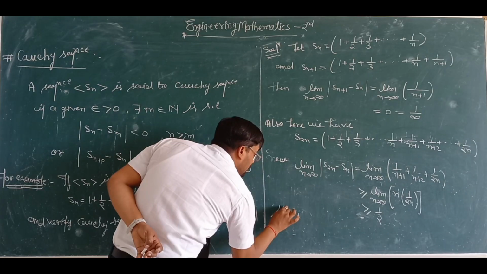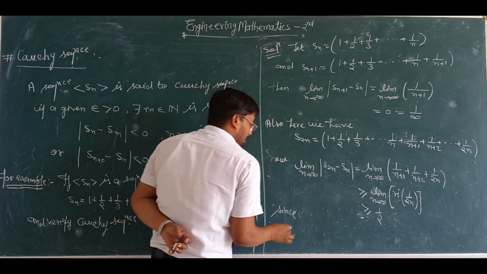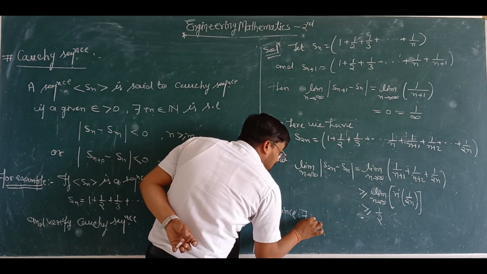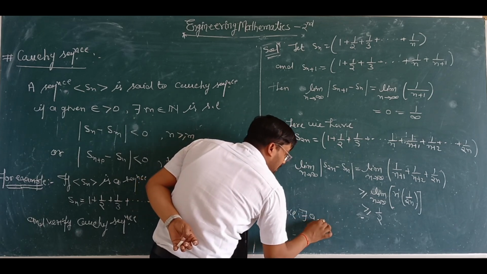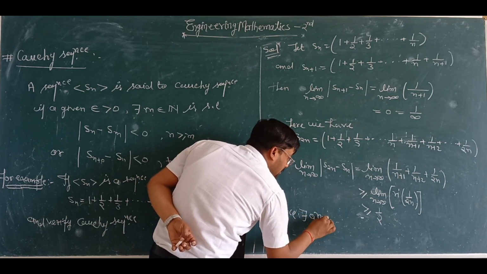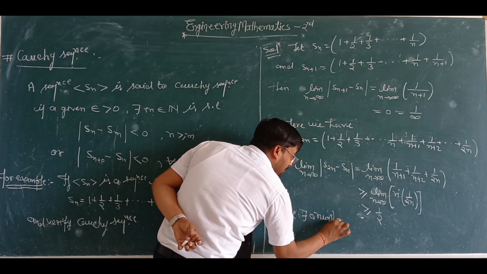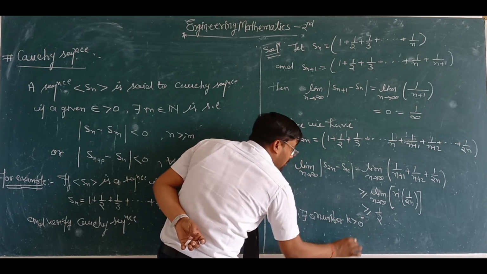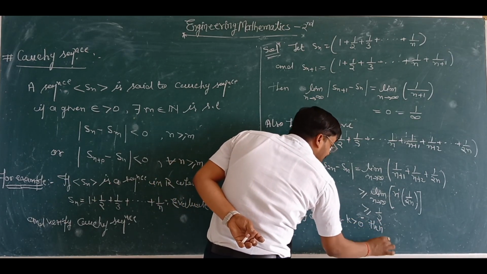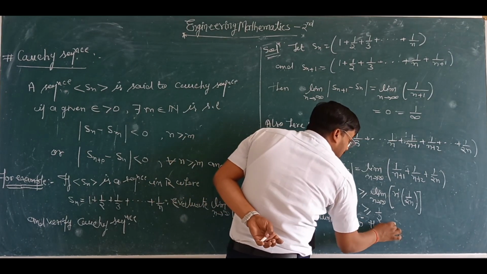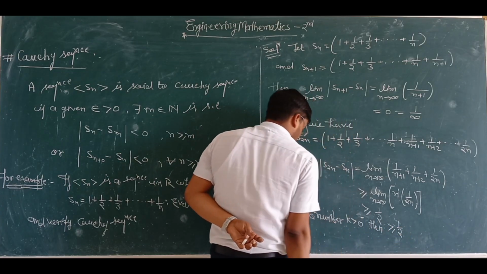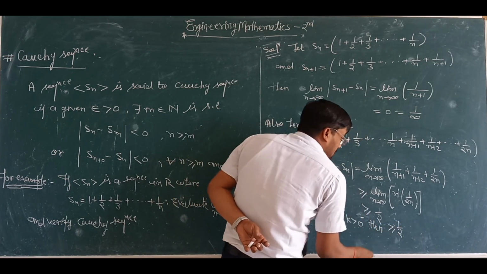Since there exists a number k greater than 0 such that S2n minus Sn is greater than or equal to 1 upon 2, the Cauchy condition is not satisfied.